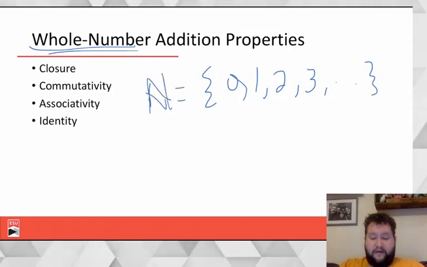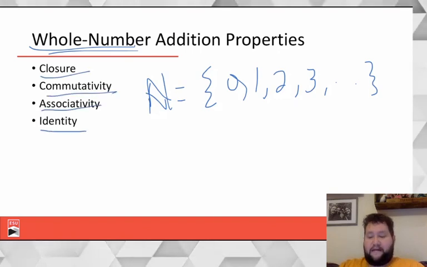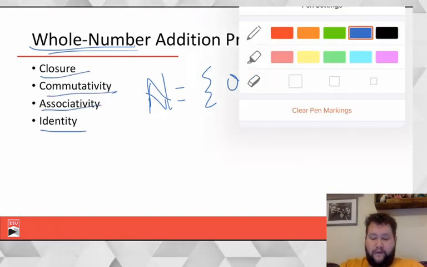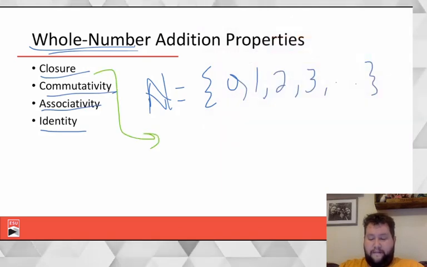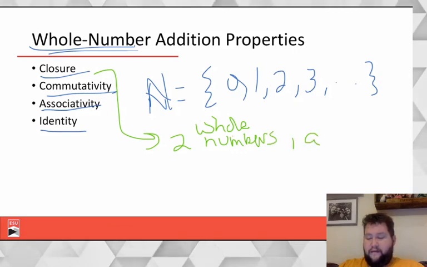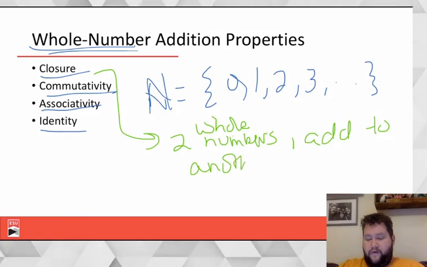We have things called closure, commutativity, associativity, and identity. Closure means two whole numbers add to another whole number.